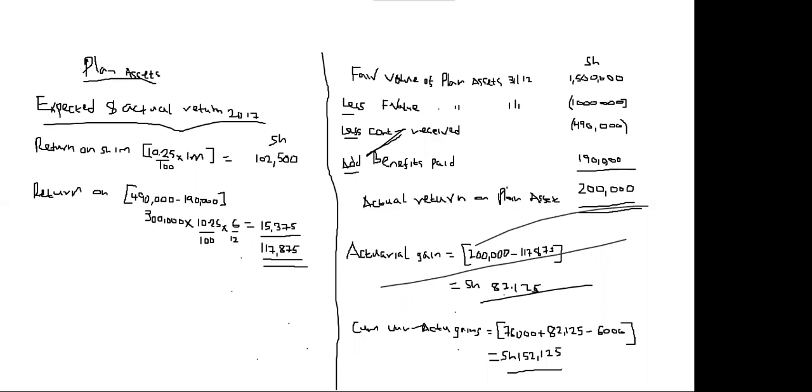Okay, so any question on that question on the plan assets? Any question? Okay, so silent means we are okay. So that is what was expected of us in that question.